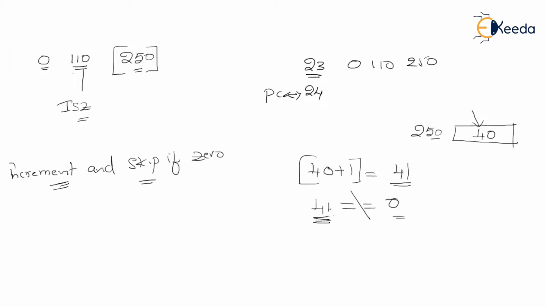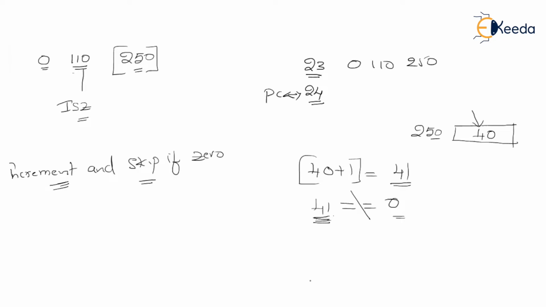No. If 41 is not equal to 0, I don't skip the next instruction. I will execute the next instruction. If the value is equal to 0, I will have to skip the next instruction. That is what increment and skip if 0 is. Increment the memory operand, after which if it is equal to 0, then you skip the next instruction. Otherwise, you don't skip the next instruction.